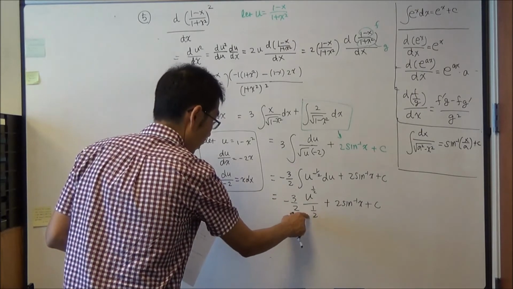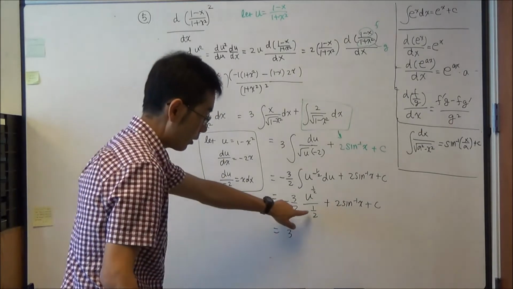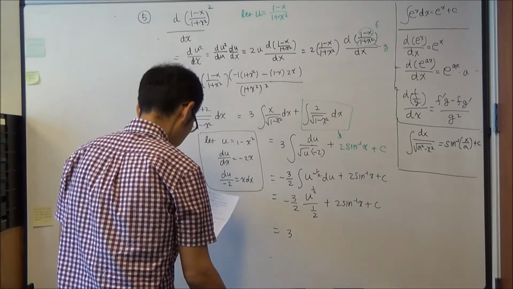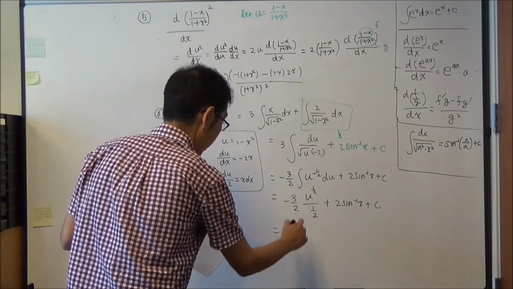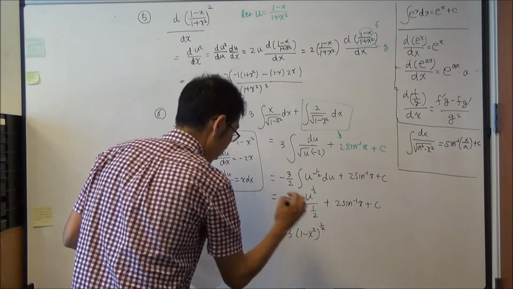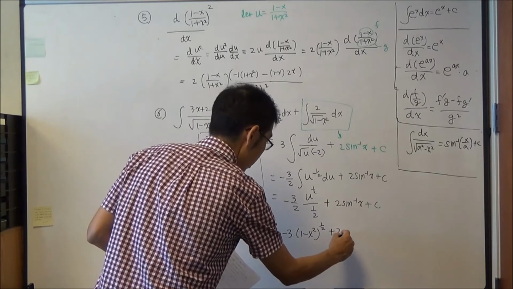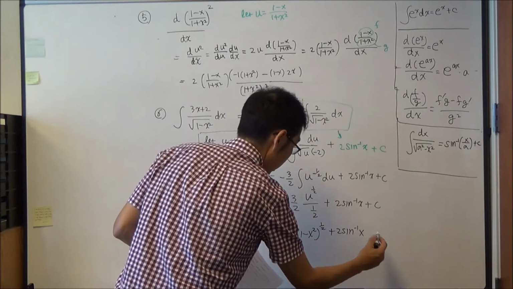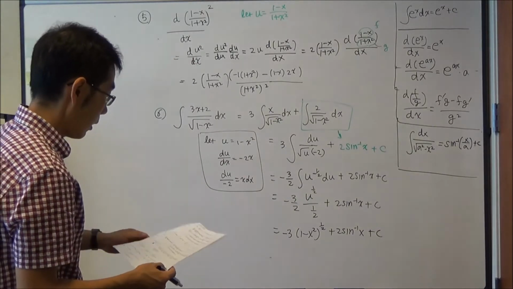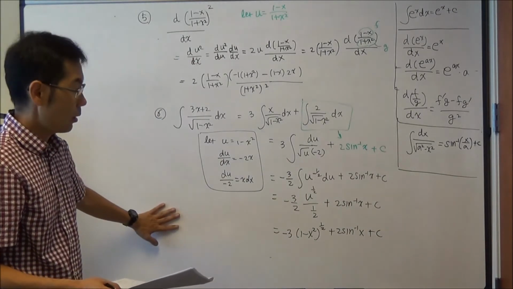Let me correct that, the negative is a mistake. So this is a negative 3, and then the u is 1 minus x squared, number 2, and plus 2 sine minus inverse sine and constant value. So this is the answer.